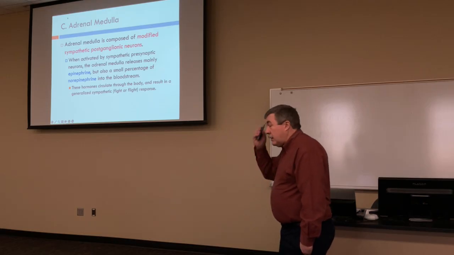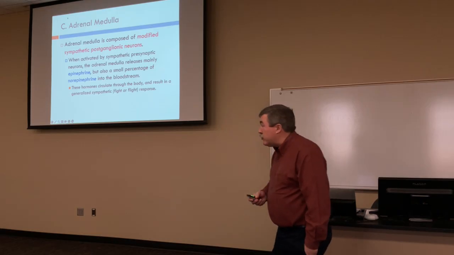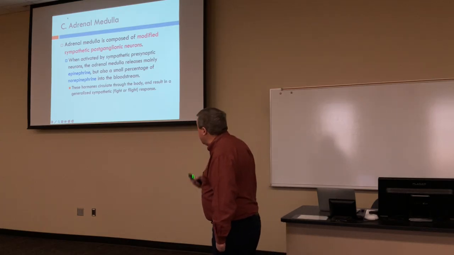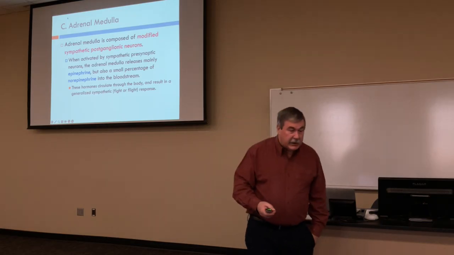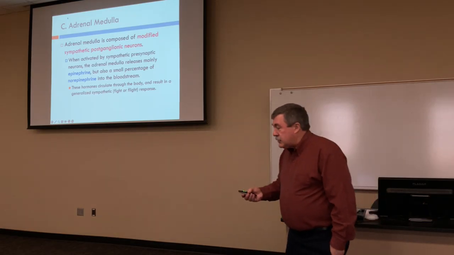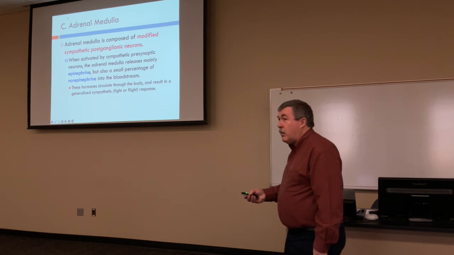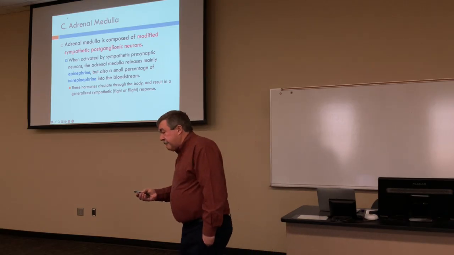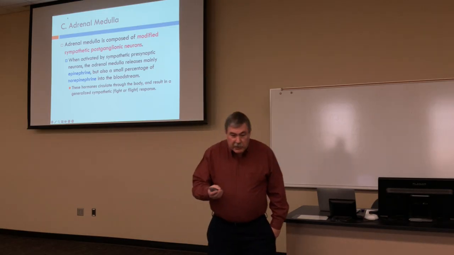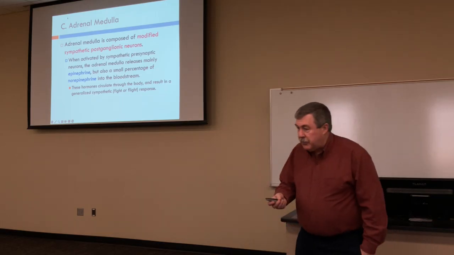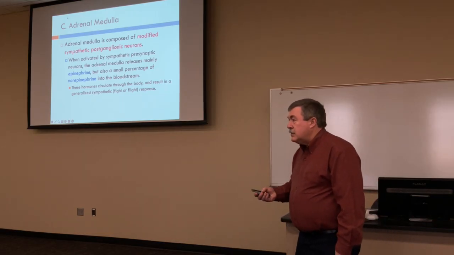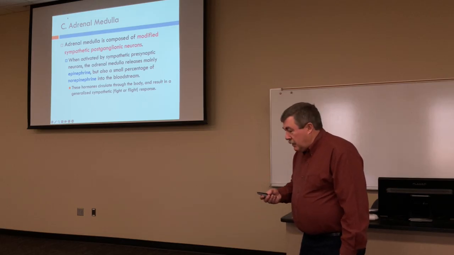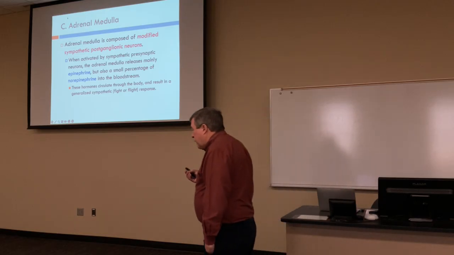The outer layer of tissue that makes up the adrenal glands is the endocrine gland. The deeper portion, the adrenal medulla, has cells that release a hormone called epinephrine. But the adrenal medulla is actually thought to be made up of modified sympathetic postganglionic neurons.